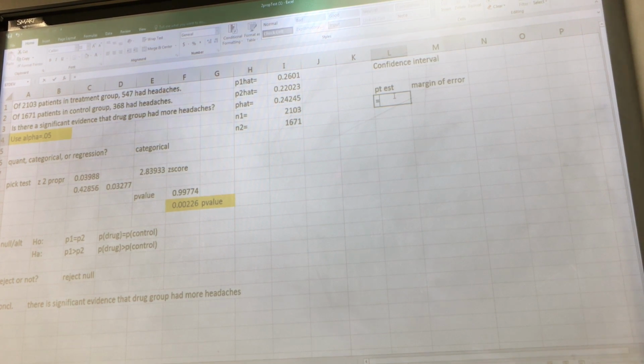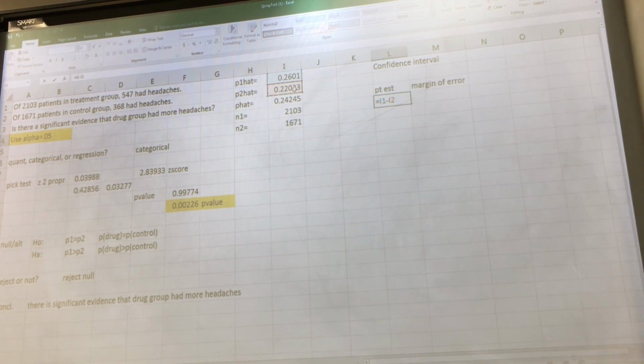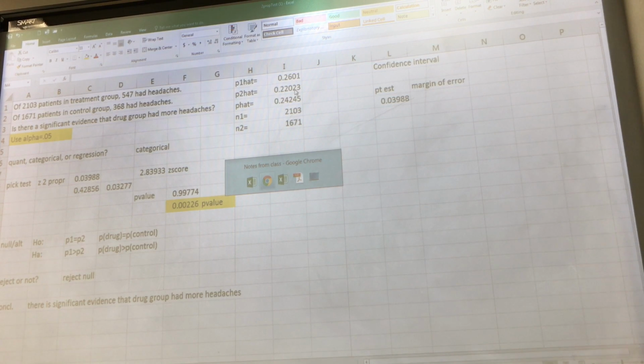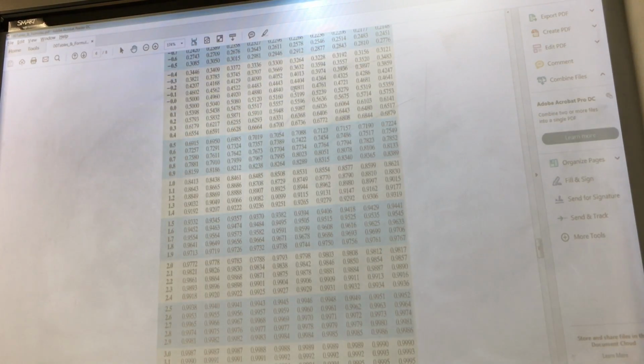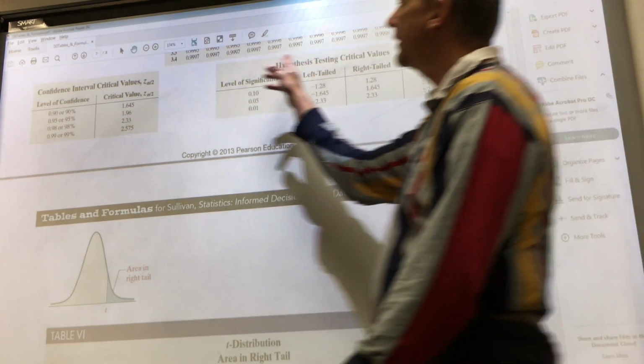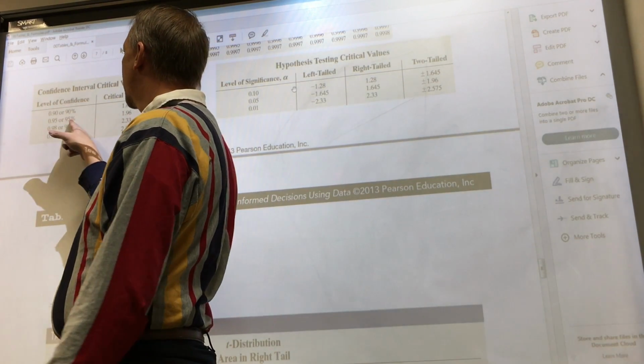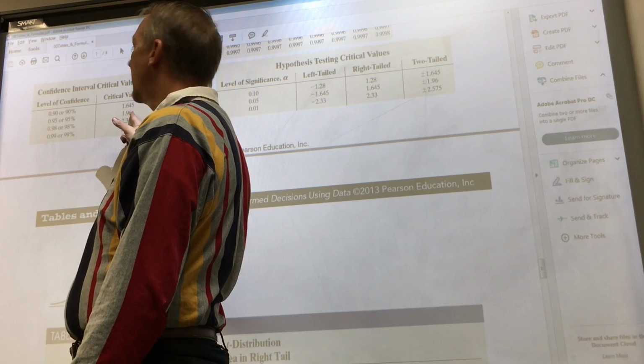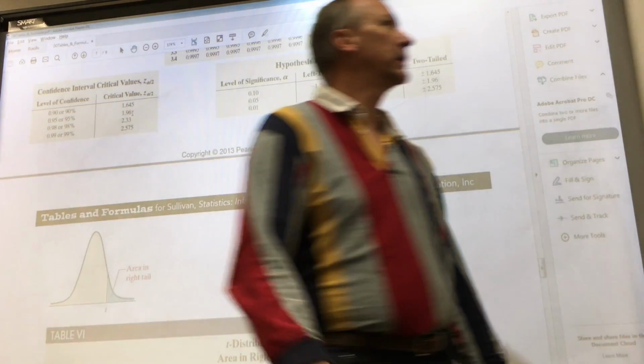With your point estimate, it's going to be P1 hat minus P2 hat. And if I'm doing a 95% confidence interval, all I need to do is go back to here, looking at my confidence levels for 95% confidence, I get a critical value of 1.96.